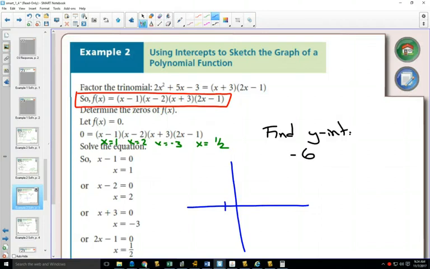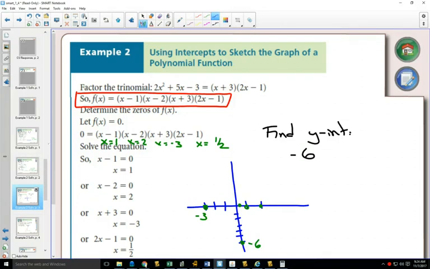I have minus 3, so I'm going to label that one. Minus 3. I've got 1 and 2. And I've got a half. It's a little tight in there. I've got a y-intercept of negative 6. Label that one.